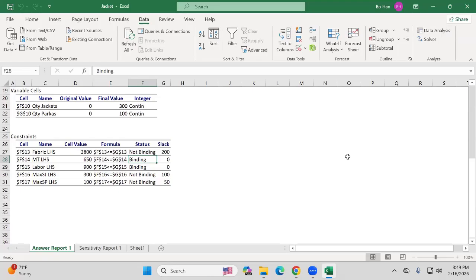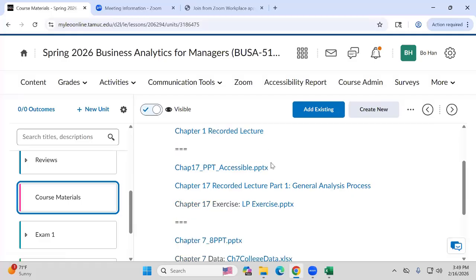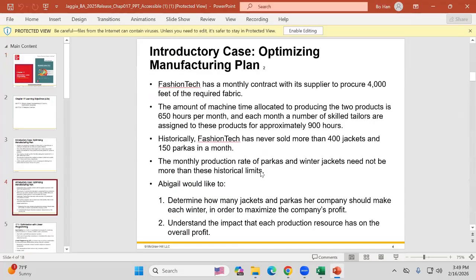Do you remember what the manager asked us? Second question. She said, first question, she wants us to determine how to maximize profit. We need to figure out how many different types of products we need to manufacture. What is the best profit we can reach? That's the first information we need to answer, right?